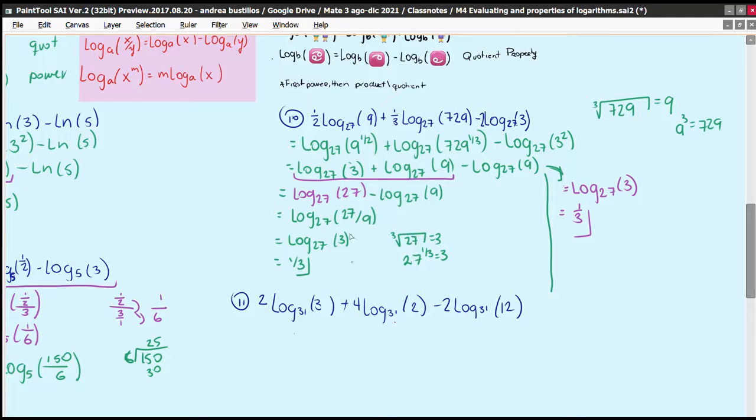So here we have to realize that we have a bunch of logarithms and a number multiplying them. So the first property we have to apply is the power property. This means that the number that is multiplying my logarithm can be plugged in as an exponent for the argument.